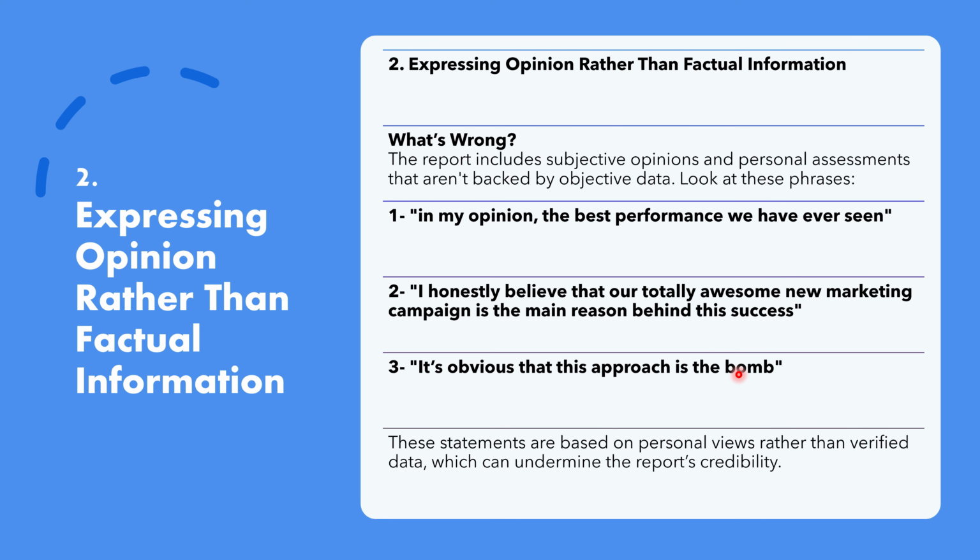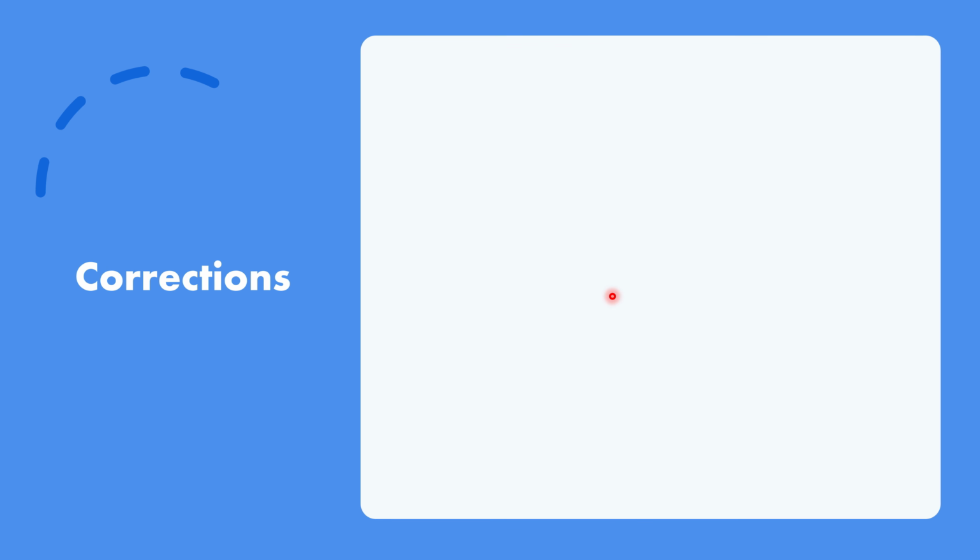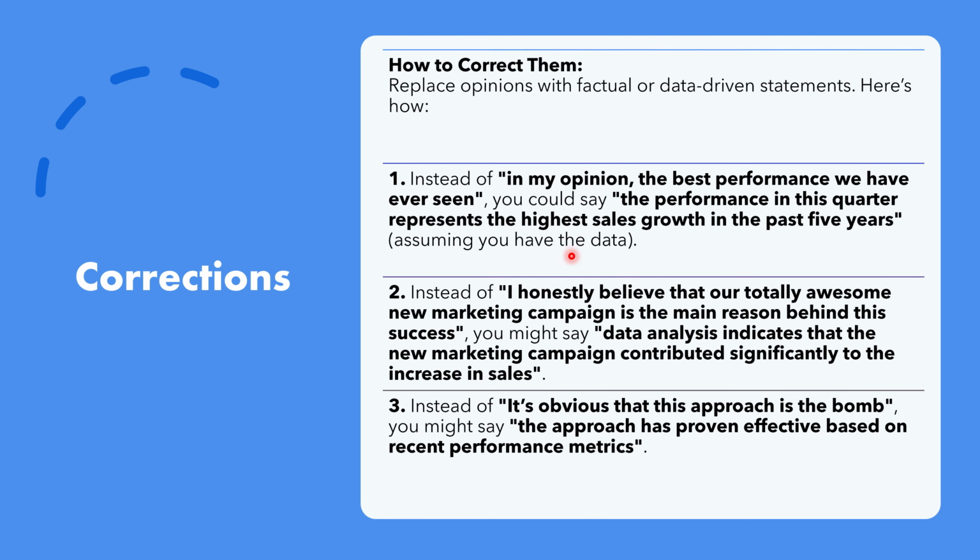So let's see how we can change these examples and understand what can happen. So let's replace, in my opinion, the best performance we have ever seen. We can replace it with the performance in this quarter represents the highest sales growth in the past 5 years. That's better, you know.